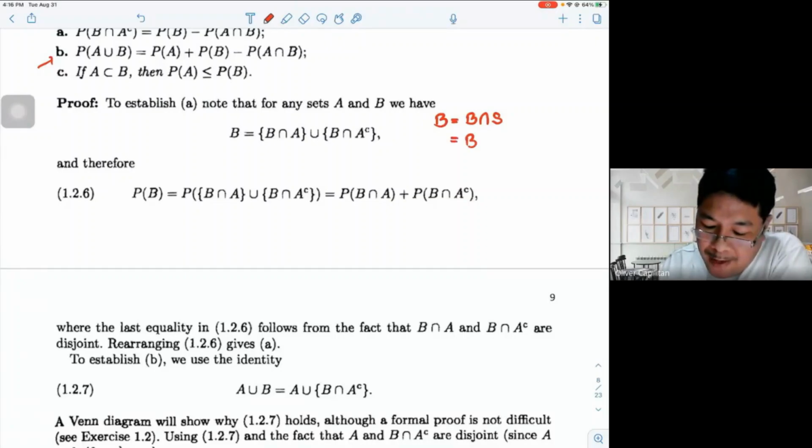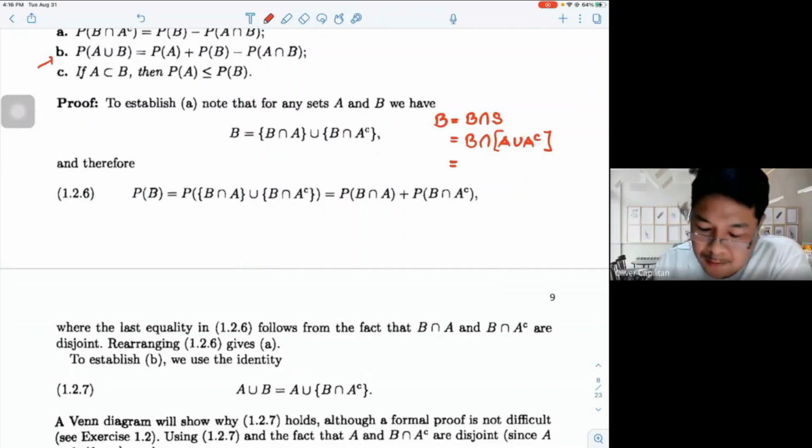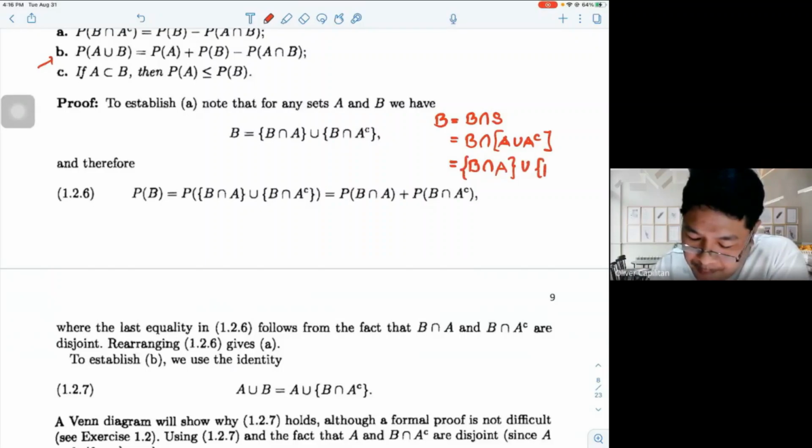And then we can take our S to be the union of A and the complement of A. A and the complement of A are disjoint, mutually exclusive, and at the same time exhaustive, equal to S. And then using the distributive property of intersection over union, we have B intersection A union B intersection A complement.